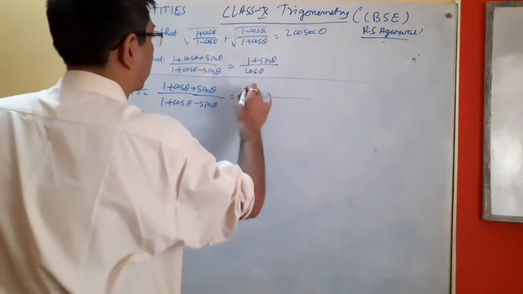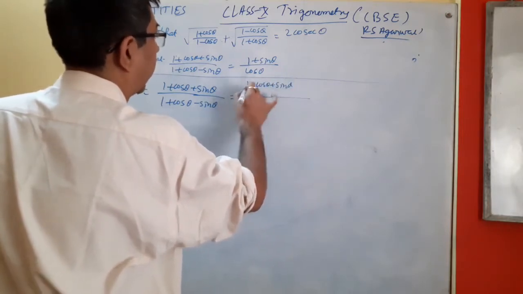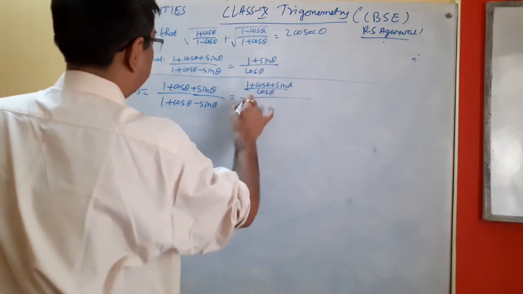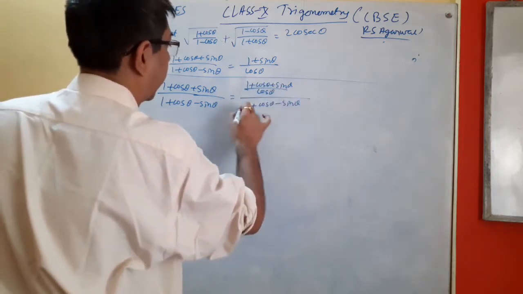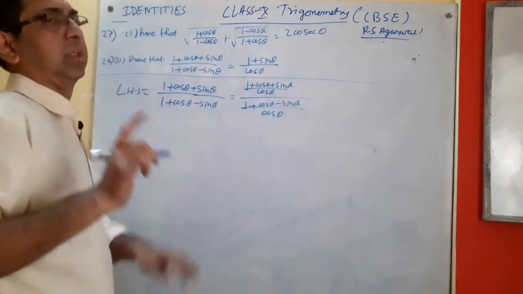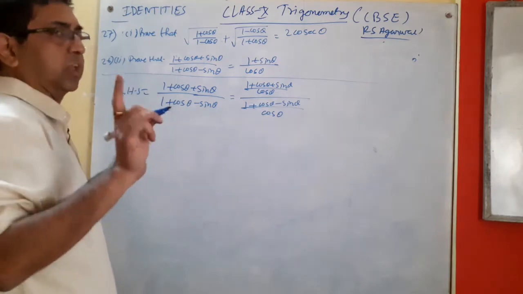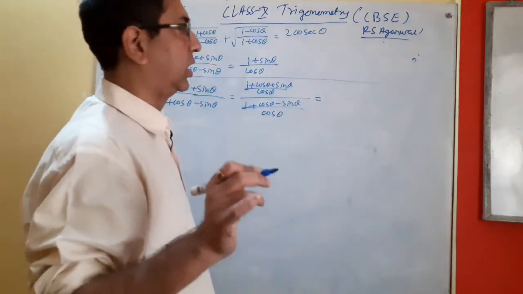Dividing by cos theta, that is 1 plus cos theta plus sin theta by cos theta, and this is 1 plus cos theta minus sin theta by cos theta. Why sir? Because in sin theta cos theta there is only one formula. It's no minus formula, no multiplication formula. That is sin square theta plus cos square theta equal to 1.